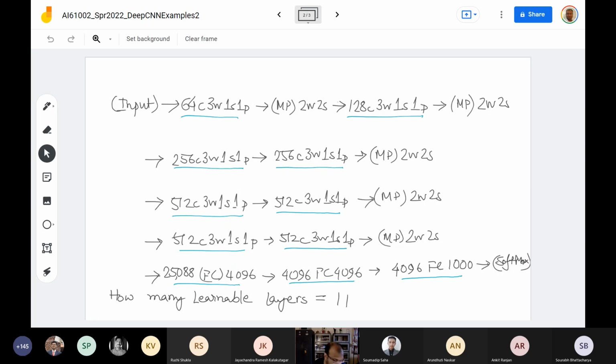So please calculate. For the first one, is it 1792? Just keep on calculating. I'm also doing it.